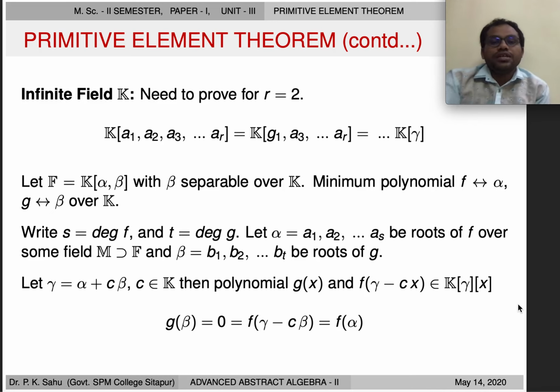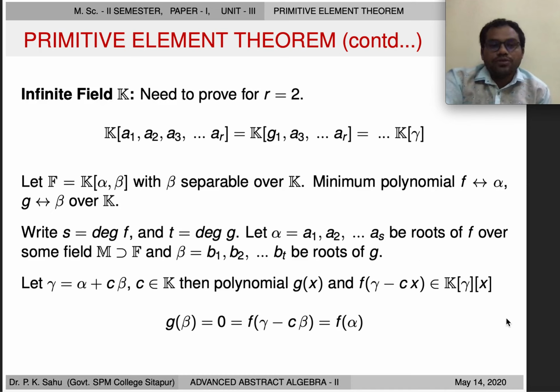Now we put beta here. Then g(beta) is equal to 0, because g is the minimal polynomial corresponding to beta, and we have chosen beta as b1, the root of g. Now putting beta here, we have f(gamma minus c beta). From here we notice that gamma minus c beta is alpha, so we have f(alpha) equal to 0, because f is the minimal polynomial corresponding to the element alpha, and we have chosen alpha as a1, the root of f.